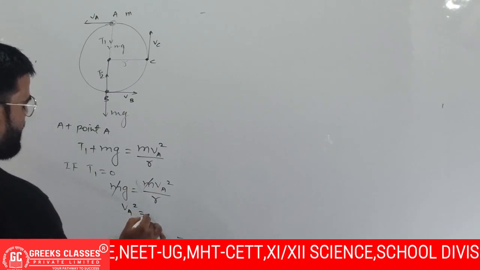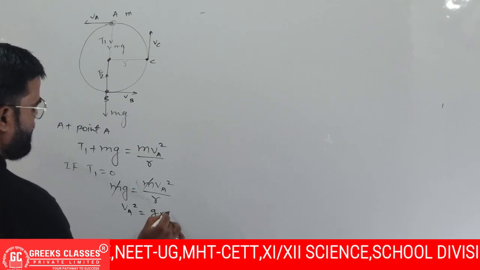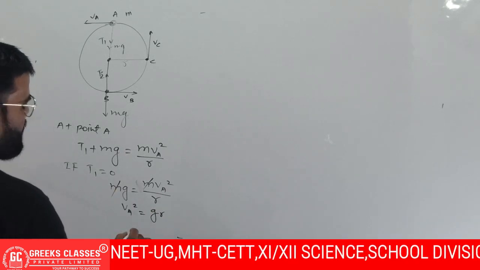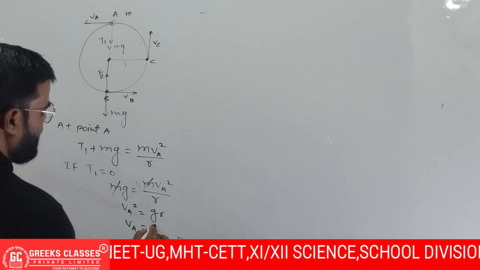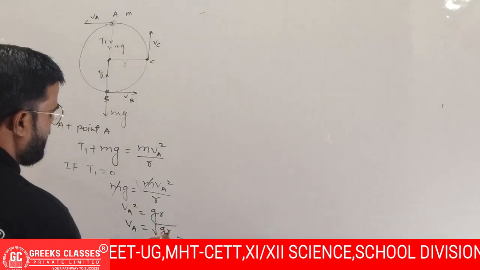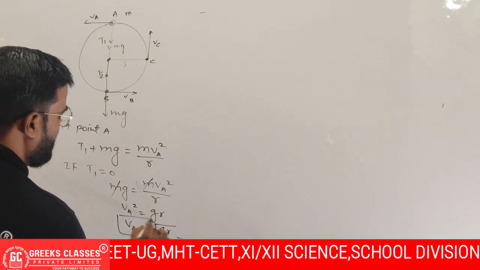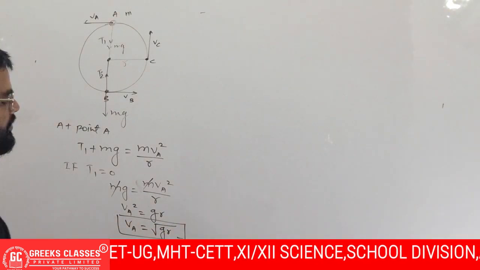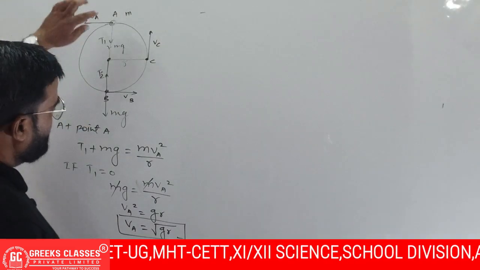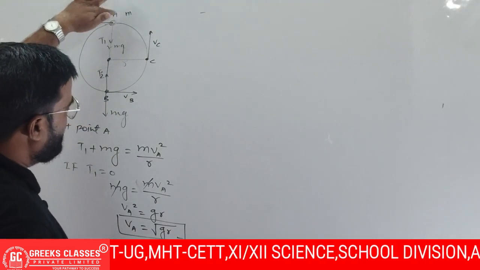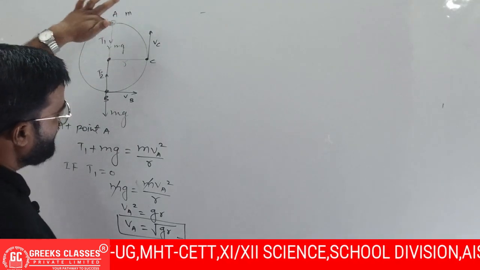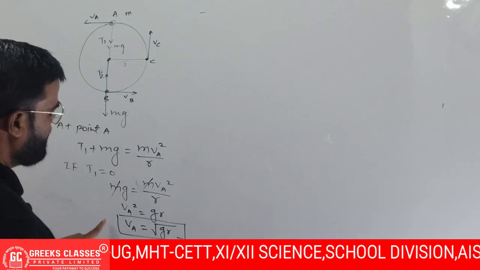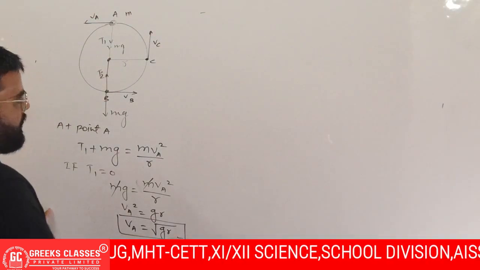So VA square equal to g into R, gR. So VA equal to root under gR. This is the minimum velocity required by the particle at point A to continue its motion in the circular track. Okay, this is the minimum velocity.